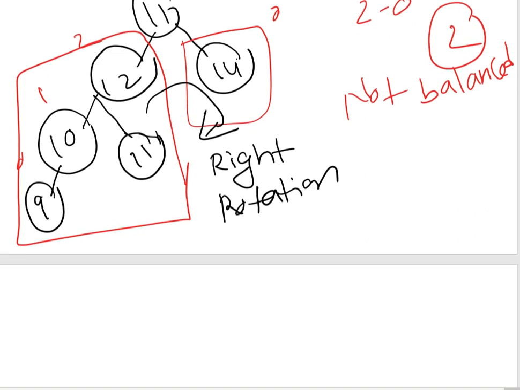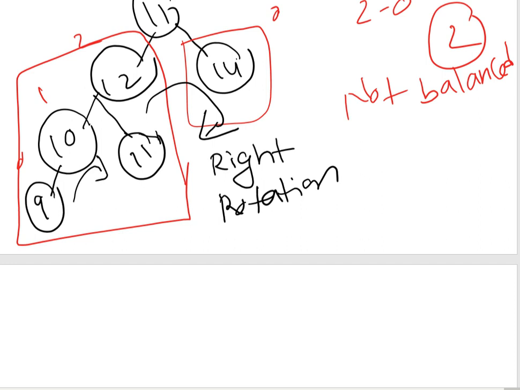Which is the root? 12 will be the root. Can we perform right rotation? Yes. But first we need to perform right rotation at the left subtree, at the bottom.